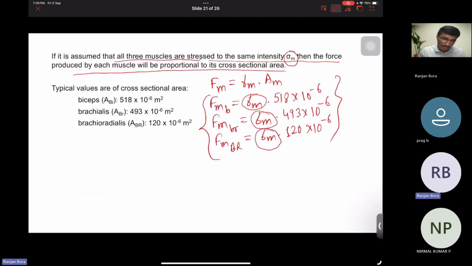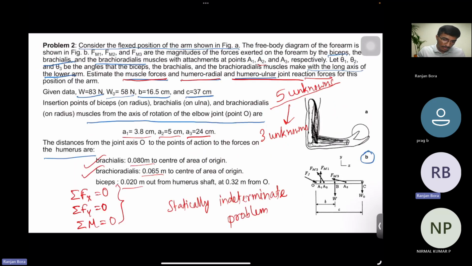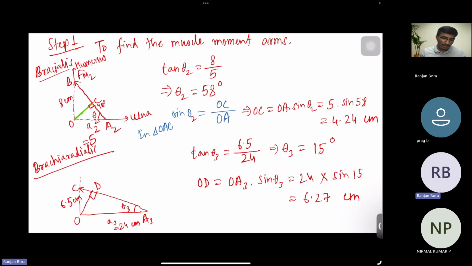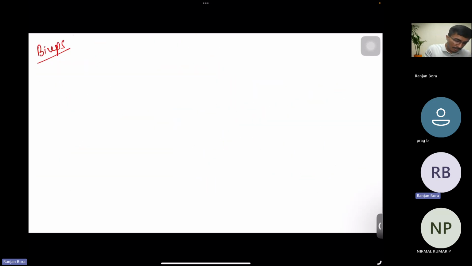Next, one more muscle is remaining, which is the biceps. For the biceps muscle, A1 is given 3.8, and this is 2 centimeter out from the humerus shaft and 32 centimeter from O. So the figure will be something like this.